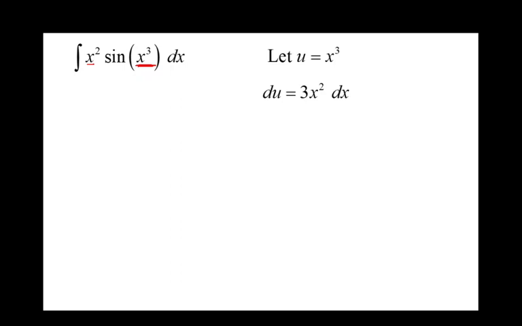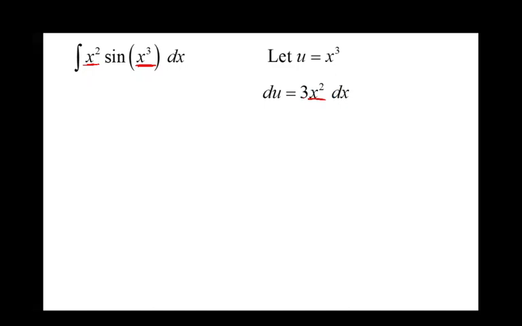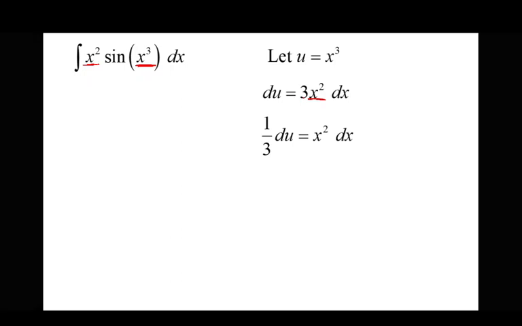Now, I see right away that this x squared is right here, but it doesn't have that 3. Okay? But we can fix this. It's just a constant. Okay? So what I'm going to do is move that 3 by dividing both sides by 3. Now, this right here matches what I have right here and right here.